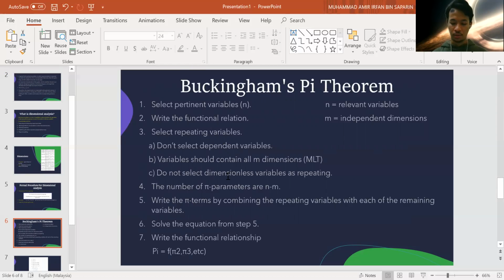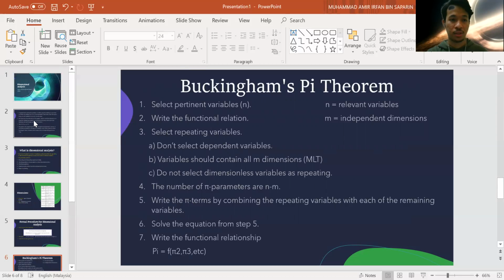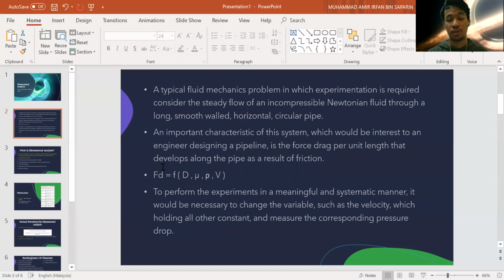So now we need to select the repeating variables. First rule, don't select the dependent variable, which means we do not take the drag force as our repeating variable.